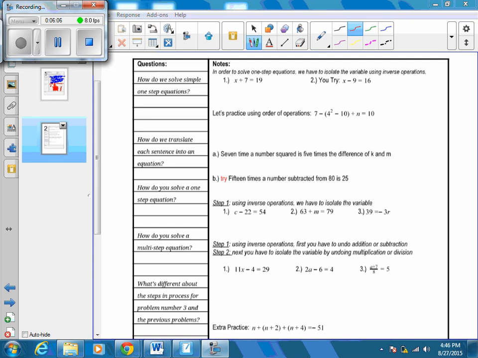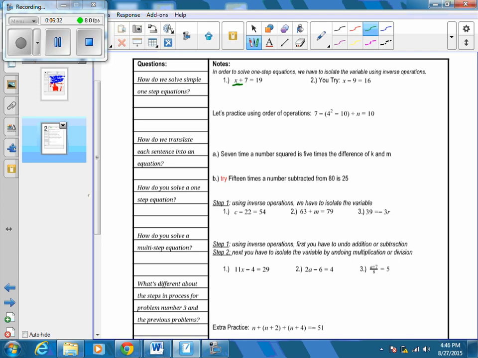Okay, so now we're going to move into actually solving these different equations. It says in order to solve one-step equations, we have to isolate the variable using inverse operations. Remember, inverse operations just mean that we want to use the opposite operation of what's being used. So in number 1, my variable is x, so that's what I want to isolate.